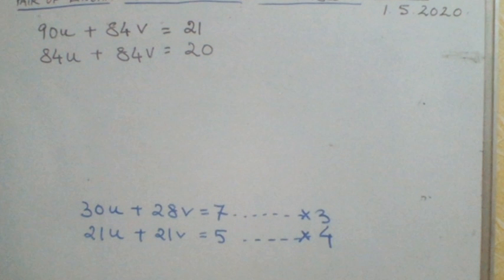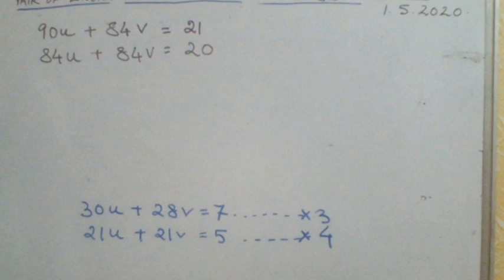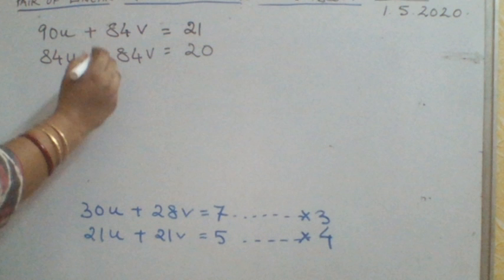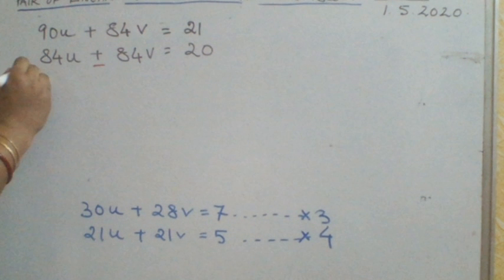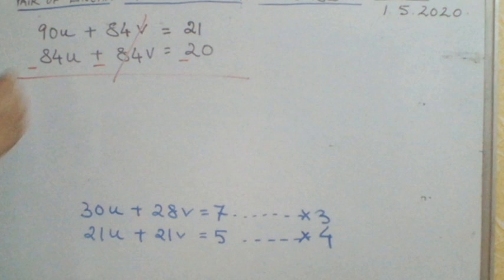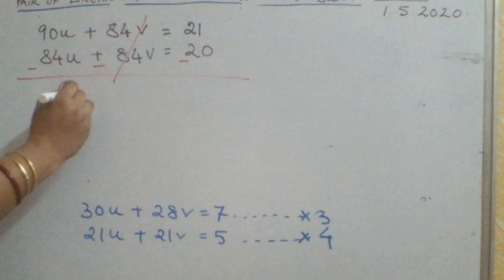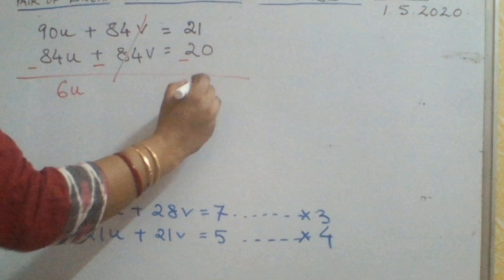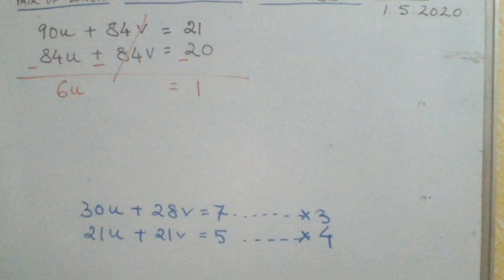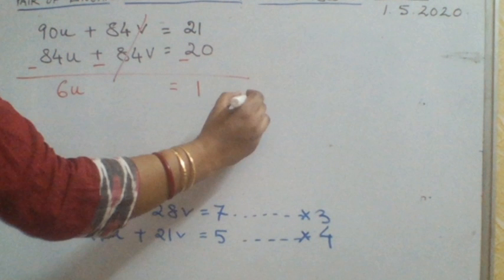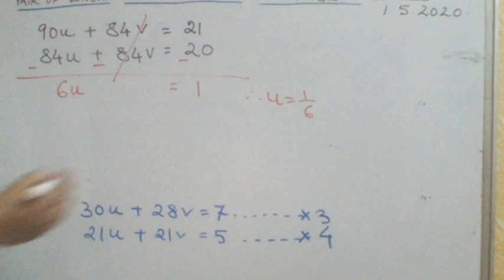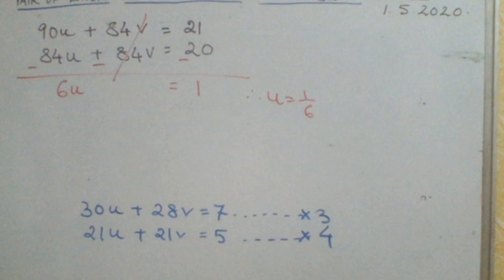The coefficients are the same and of the same sign, so we need to subtract. If you subtract, the v terms cancel, and you get 6u equal to 1, since 21 minus 20 is 1. Therefore u is equal to 1 upon 6.